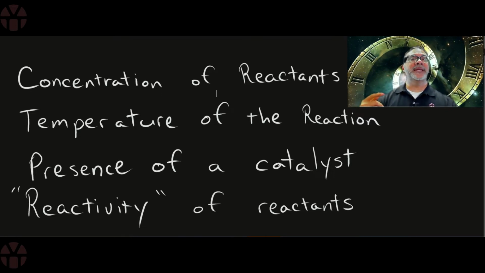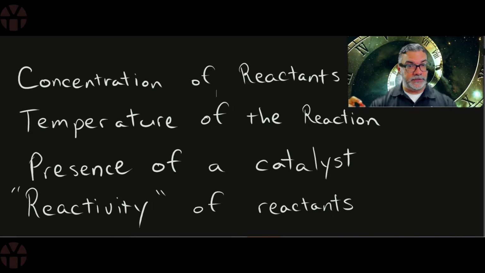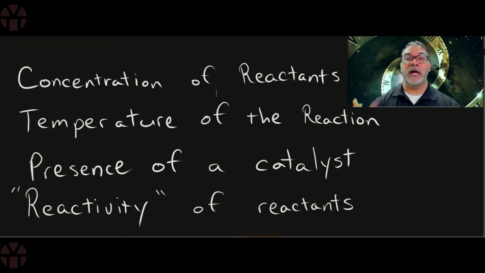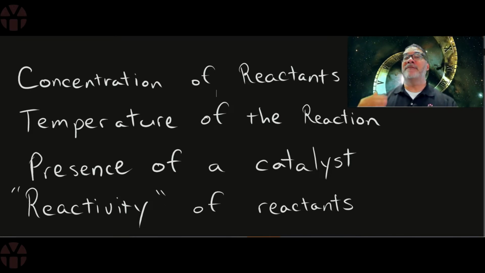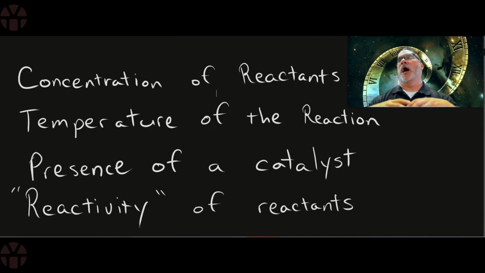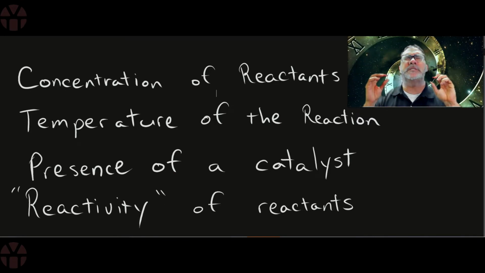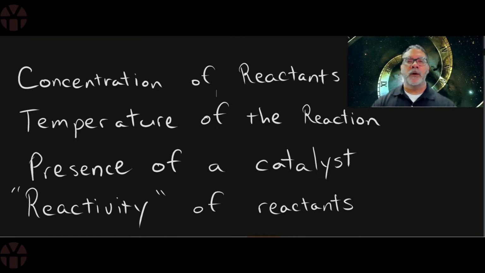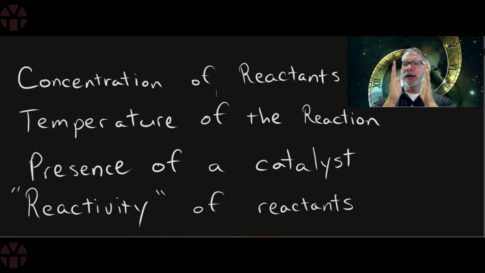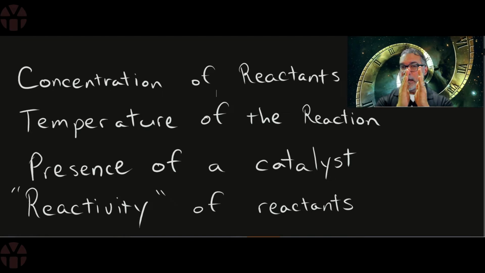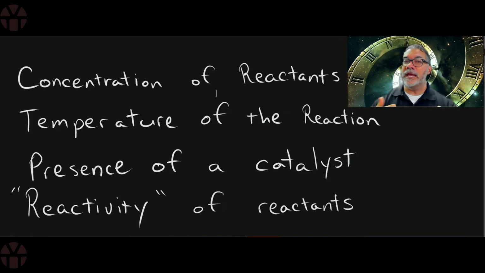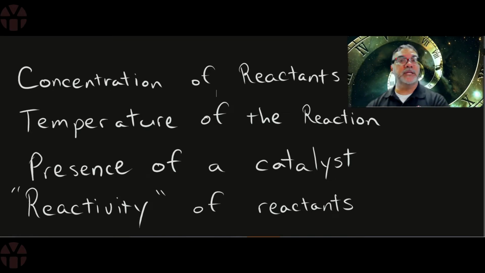Now, notice I didn't say moles of reactant. We talk about it in terms of concentration. Because if I took, let's say, 10 particles of A and 10 particles of B, which is a teeny tiny amount, but I put them into a very small container, then chances are A and B might quickly find each other.